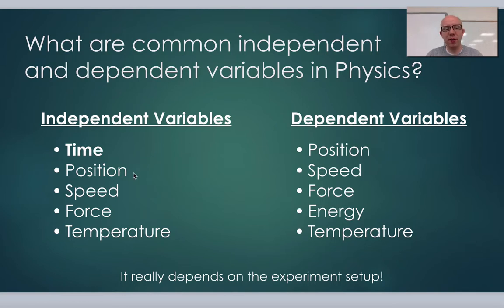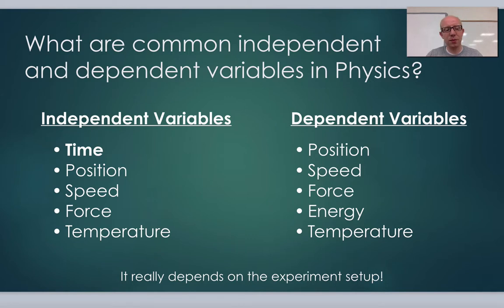Other things we'll measure often are position, speed, force, temperature, etc. Also, strangely enough, those will often be the things that are dependent variables: position, speed, force, energy, temperature. So I guess the moral of the story is it really depends on the experiment. So we really need to have a good idea of what we're controlling and what we're measuring as a result, because these things are so interconnected in physics that they are pretty much interchangeable. But again, if you ever see time, it's always the independent variable.